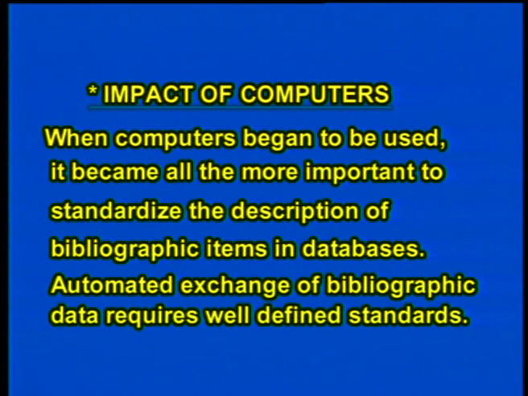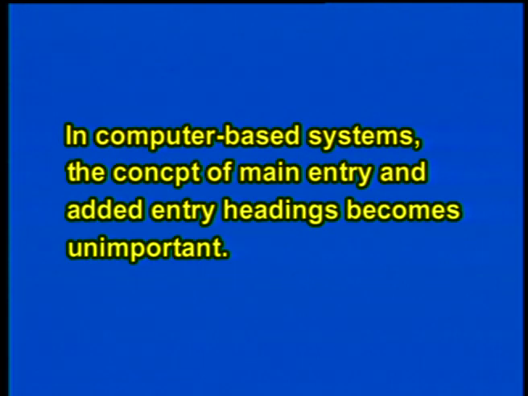When computers began to be used, it became all the more important to standardize the description of bibliographic items in a computer database. Why? Because this would help in automated exchange of bibliographic data. However, very importantly, in a computer based system, the concept of main entry and added entry became less important.